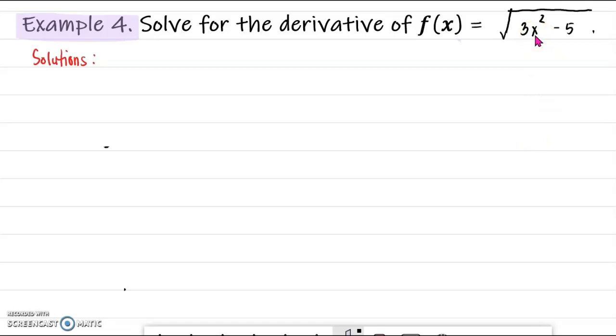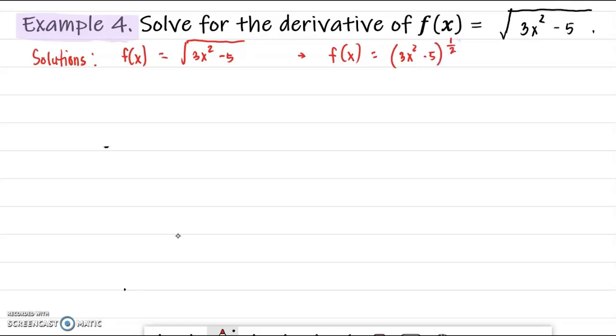So we have here f of x equals the square root of 3x squared minus 5. That is just equal to f of x equals the quantity 3x squared minus 5 raised to 1/2. Okay, now that we have expressed our radical function as a power function, it's easier for us to identify the u.